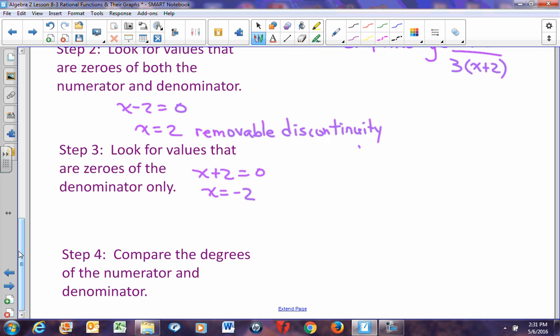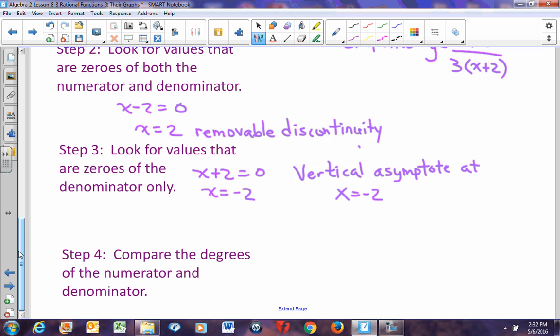This becomes a zero in the denominator only, which means that this gives us a vertical asymptote at x equals negative 2. So if it can be removed, it's a removable discontinuity and is considered to be a hole. If it cannot be removed, and we're talking about the denominator only right now, then it becomes a vertical asymptote. You set that equation equal to 0, and that becomes your vertical asymptote.